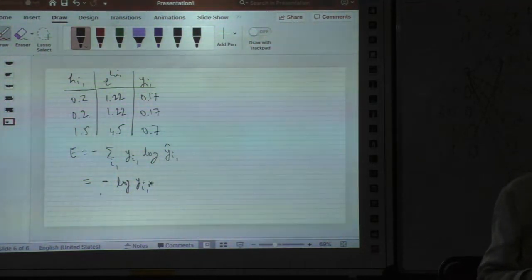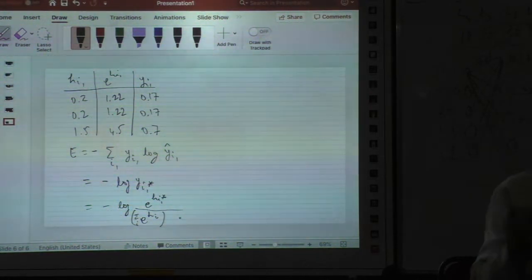I can write it further: this is minus log of e to the power h_i1 star upon e to the power sum. This is my error function.